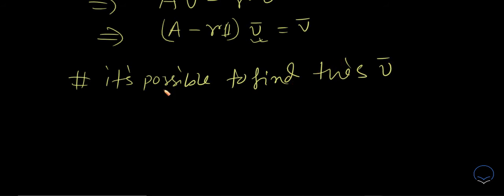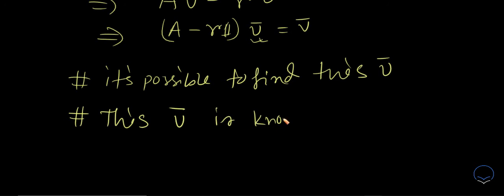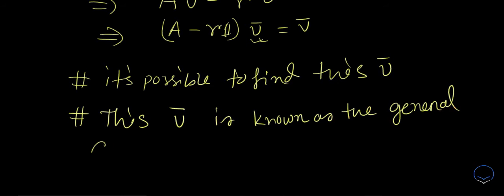And this u bar is known as the generalized eigenvector. Obviously the theory for this generalized eigenvector thing is pretty deep, and we're not going to touch anything of that. We are just trying to solve some differential equation.